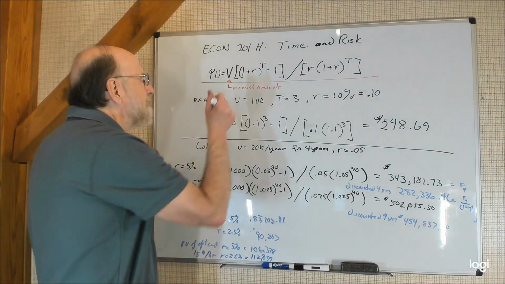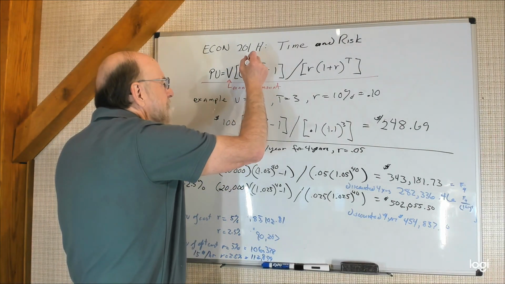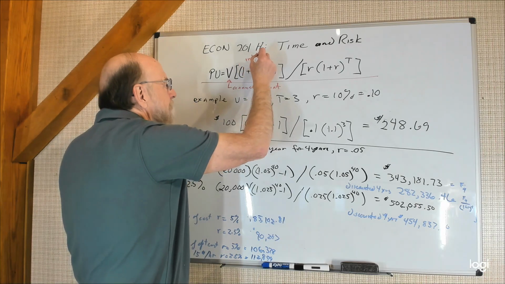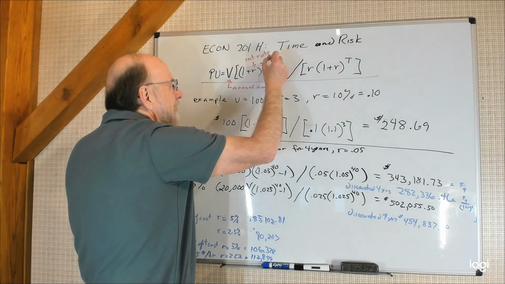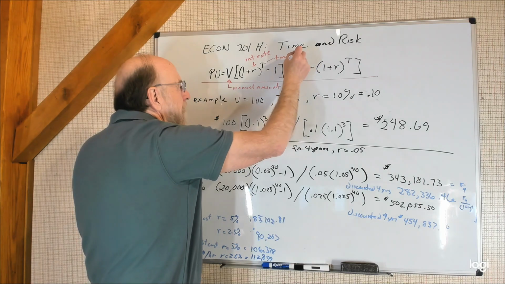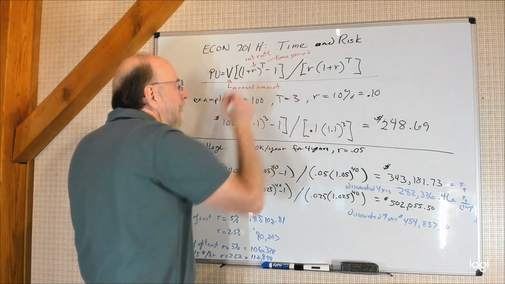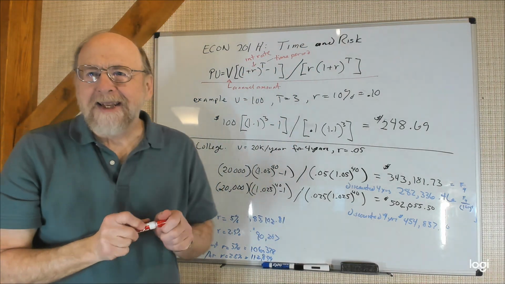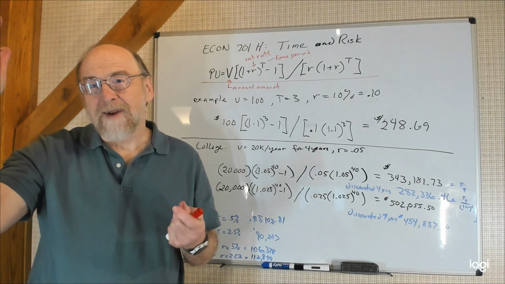So R is again the interest rate, and T is the time period. In this case, T is not like the endpoint, although in a sense it is.